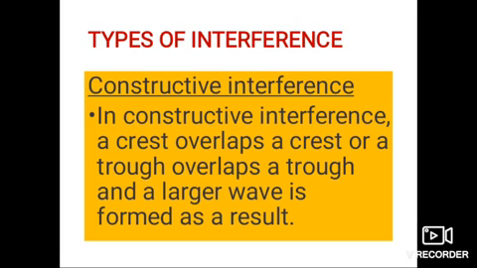When a crest meets a crest, you will have a very big crest formed. Crest plus crest gives you a bigger crest. And when a trough meets a trough, it gives you a bigger trough. So when a crest meets a crest or a trough meets a trough, a larger wave is formed, and this is called constructive interference.